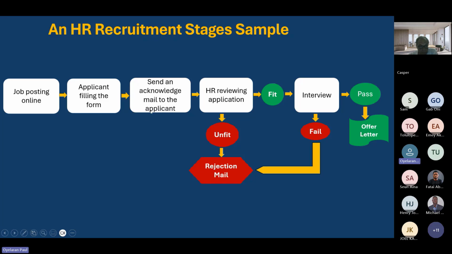So the applicant is going to reply to the mail with the CV. That is where HR reviewing the application comes in, because at the point of applying you cannot attach a file. So that's the area I just put it in. Then every other thing, HR will just come and do drop down, and we're able to share it.